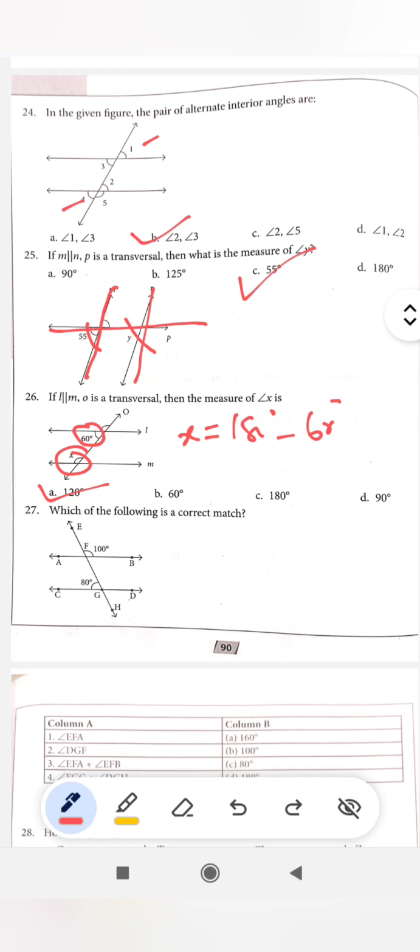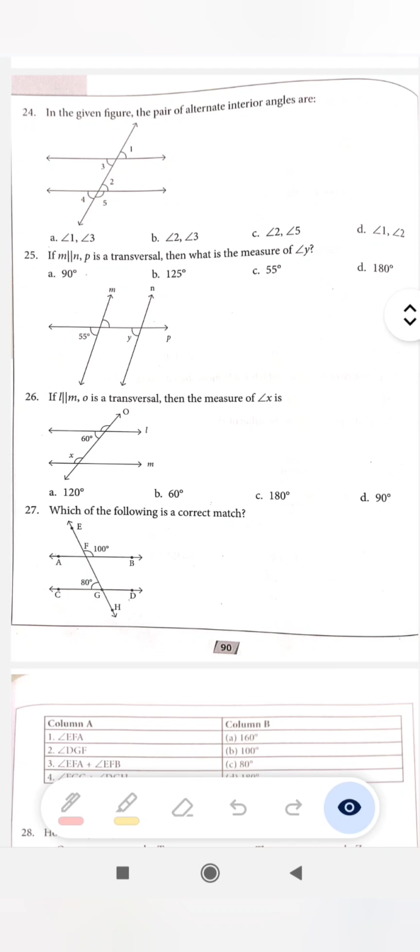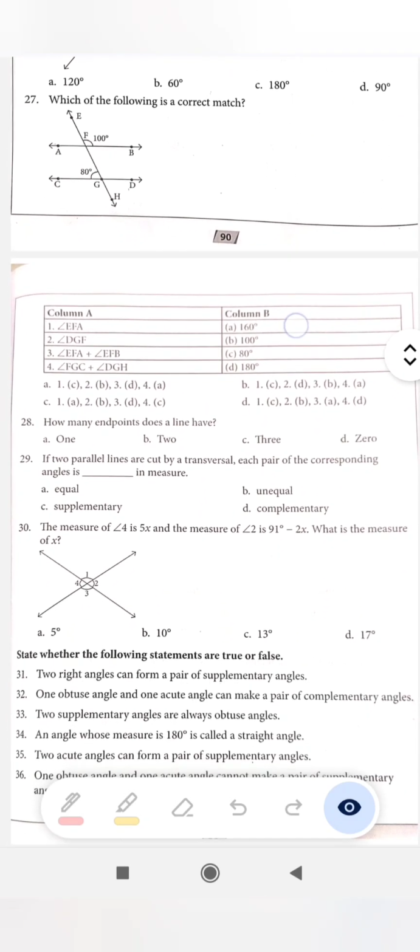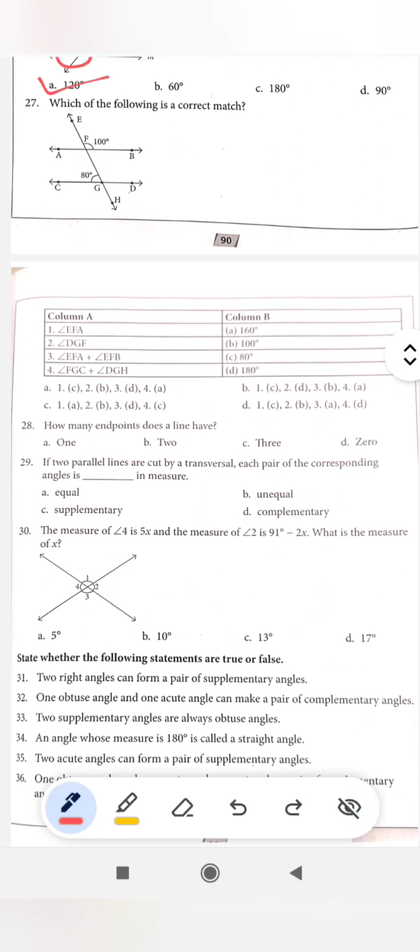Which of the following is the correct match? Okay, we have to go to the next page too so that we can match. Yes, here it is. So here EFB is equal to 100 degrees and this one is 80 degrees. Okay, it is said that column A, EFA, will be matched with whom? EFA has been given.